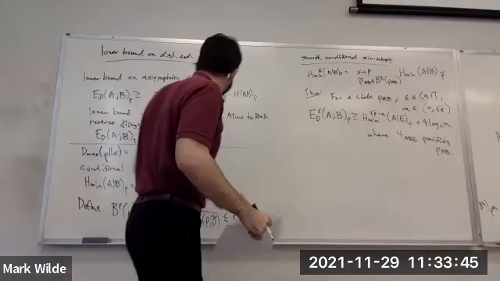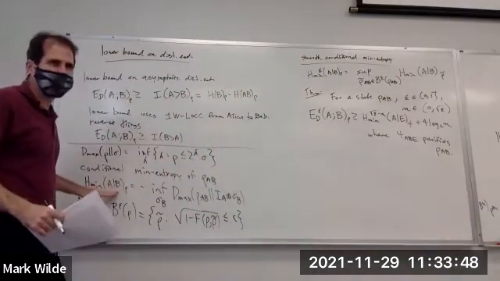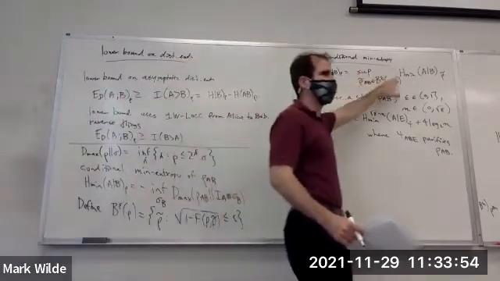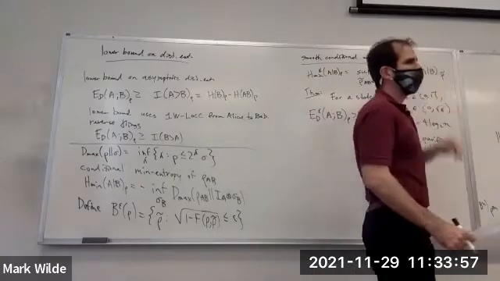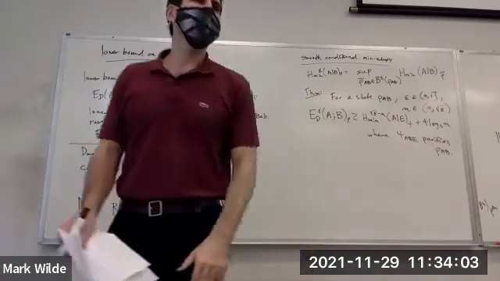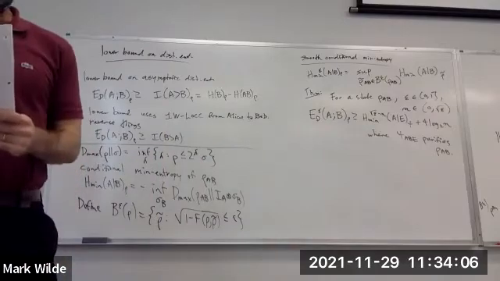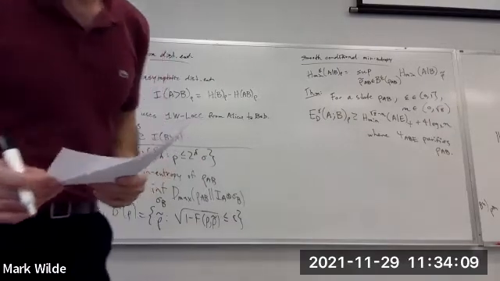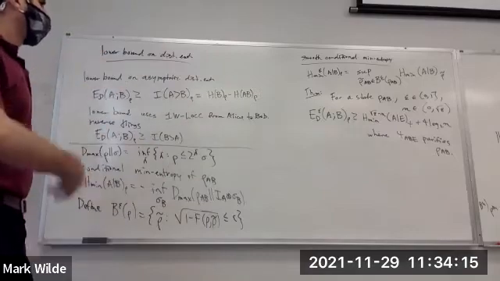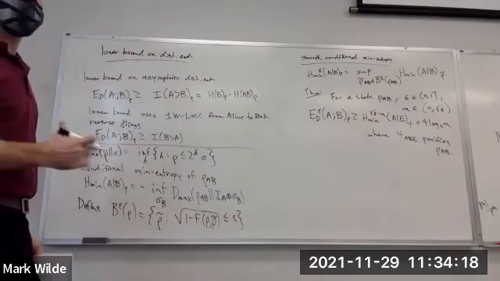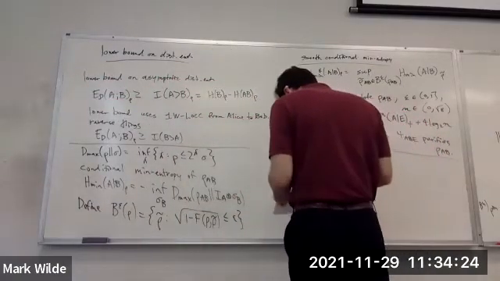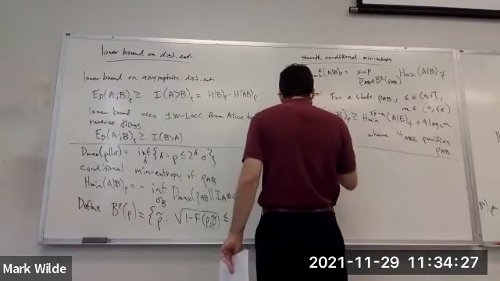In the previous explanation, replace this quantity with A given E in the purification of rho AB, right? And then the argument I was saying, smoothing, applies. But this is the statement we can make. Okay. All right. So in the remaining time, we'll try to just go through the basic idea of the proof, but keep in mind there are many calculations we're just going to omit. Okay. So what is the basic idea of the proof?